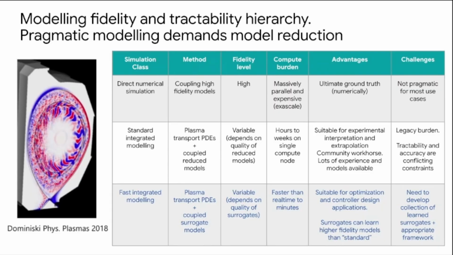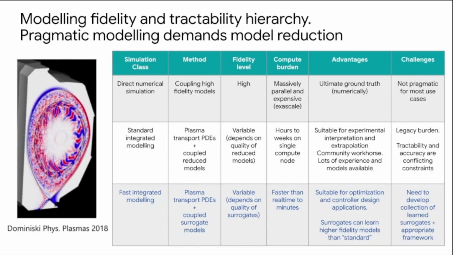For core modeling and integrated modeling, the workhorses of the past couple of decades have been codes like TRANSP or PTRANSP, JETTO, Astra, ETS, and so on, which are comprised of reduced models, taking fluid assumptions for plasma transport PDEs, where in effect the closure is through coupled reduced models.